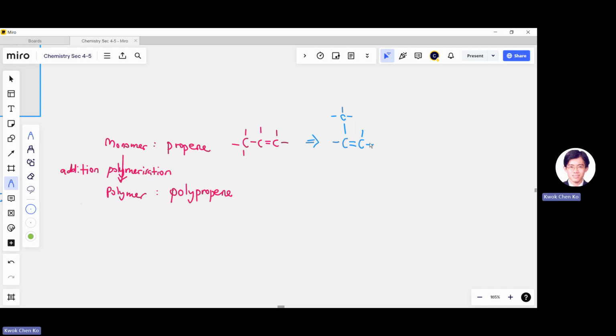It's the same, right? I hope you recognize. Once I have this, you notice I'm focusing on the C double bond, it's quite easy to visualize. So polypropene will have this structure.